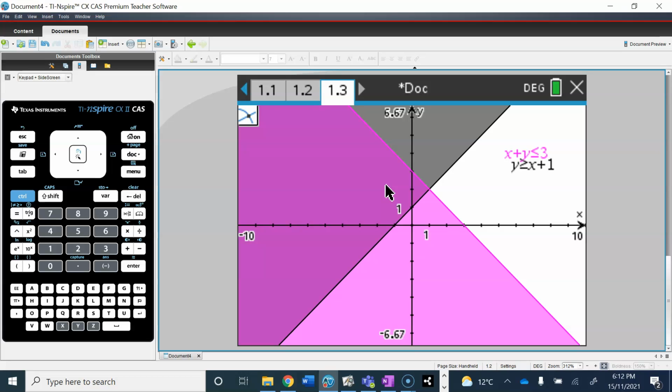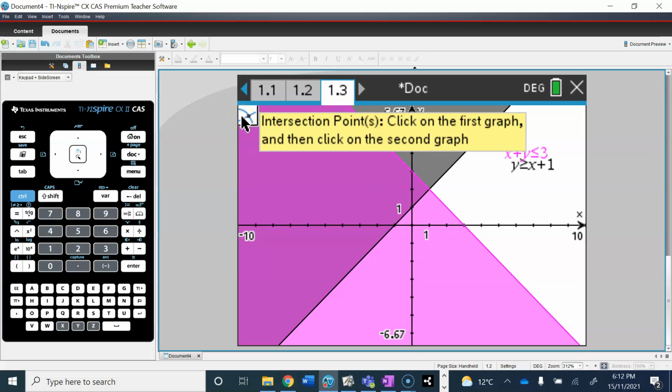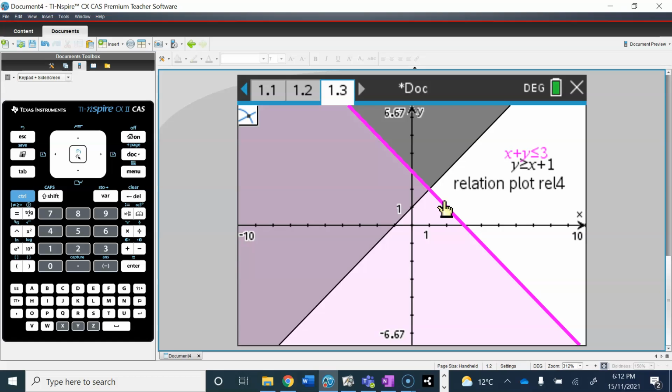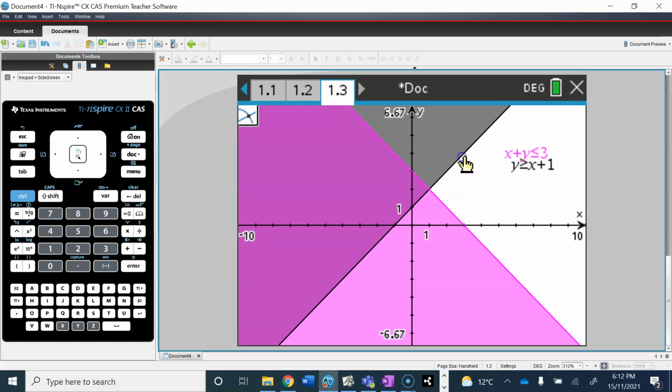You can see up here, my calculator's in the intersection point mode, and it tells me to calculate that intersection point, click on the first graph and then click on the second graph. So what intersection point do I want? This one. And I get that by the intersection of the black graph and the pink graph. When I click the black one, click, and click the pink one, click, it highlights for me what the intersection point is. So menu 814 gives me that intersection point.